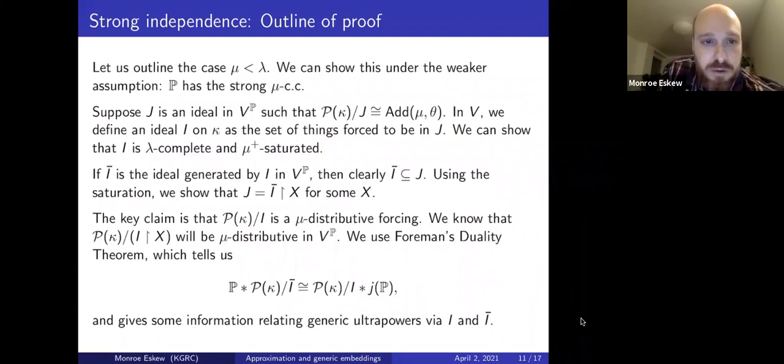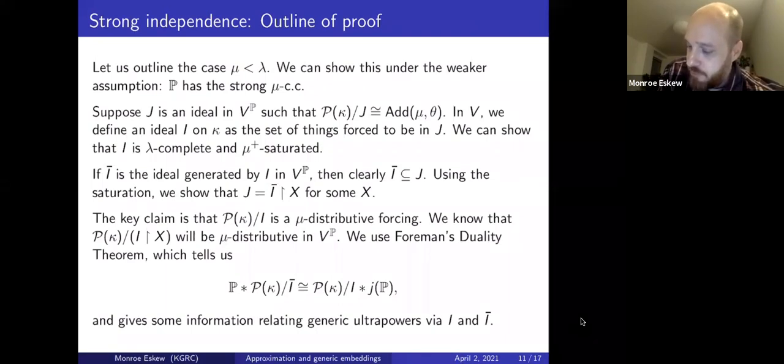So here's the argument in outline. Suppose this failed, then by Kunin, you would have some ideal J on kappa, a uniform ideal, where P(kappa) mod J is equivalent to Add(mu, theta) for some theta.